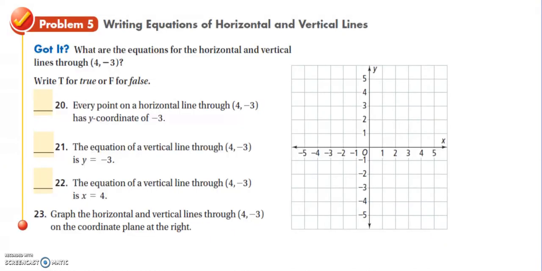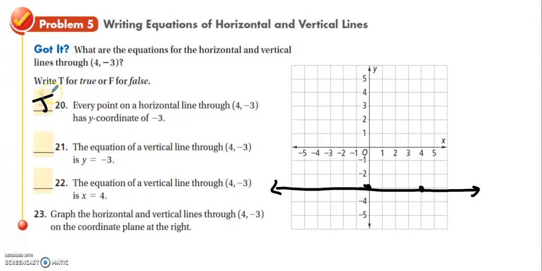So let's practice just writing equations of horizontal and vertical lines. Write true or false for the answers. Every point on a horizontal line through (4, -3) has a y-coordinate of -3. So if I have a horizontal line through the point (4, -3), would every y-coordinate be -3?